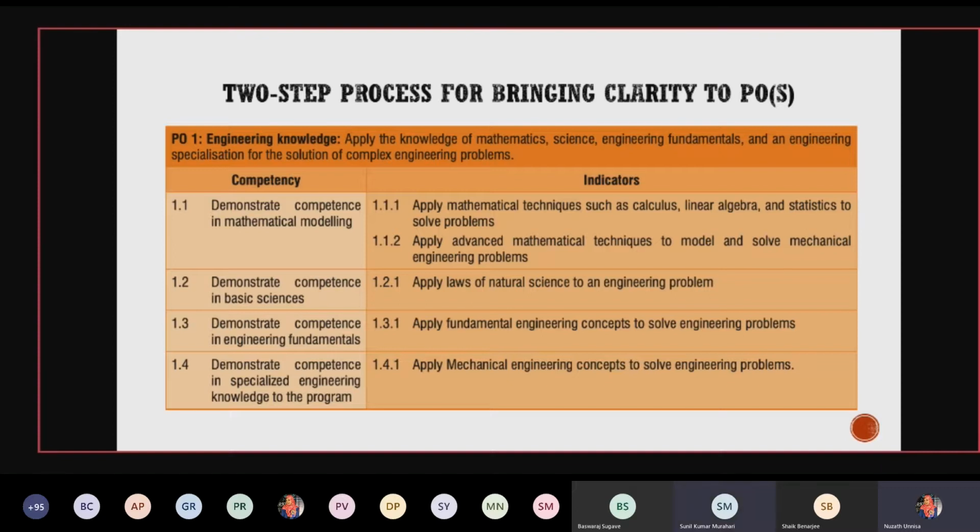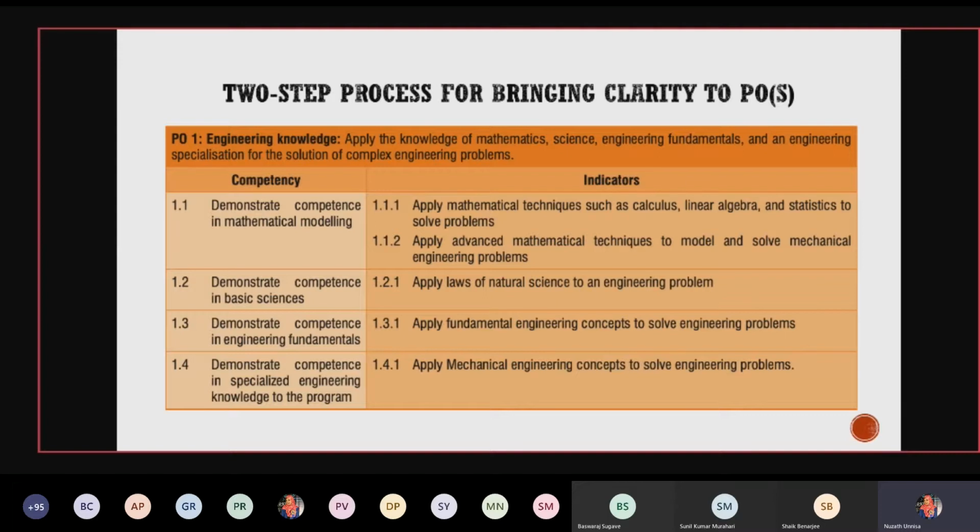When we say demonstrate competence in mathematical modeling, mathematics is all about calculus, linear algebra, and statistics to solve problems, so we can divide that into one group. Then advanced mathematics can be the second group. Or if you want, you can separate calculus, linear algebra, and statistics into different indicators as well.